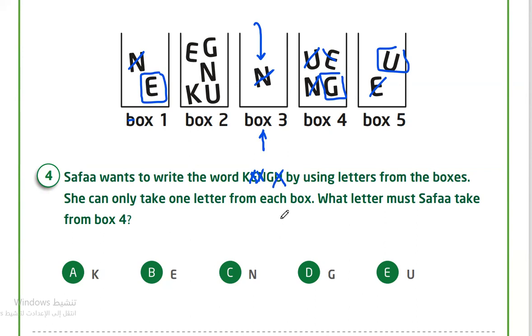So what's the answer now? Here we're also going to take K from box 2. They want from box 4; she's going to take D, J. Right, the answer is J. Good job. It is D, right, correct.